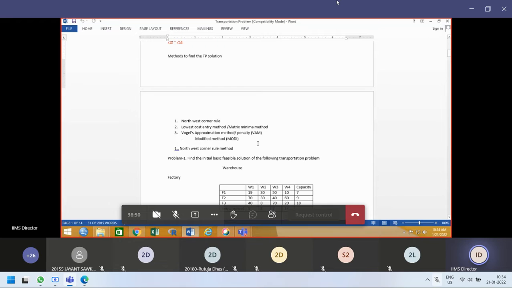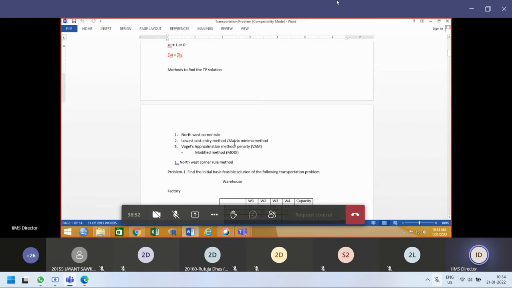Now, the methods of solving the transportation problem. We can solve the transportation problem by using three different methods. The first method is called the northwest corner rule method, right? Second method is the lowest cost entry method, also called the matrix minima method, right? And the third method is Vogel's approximation method, also called the penalty method, right?